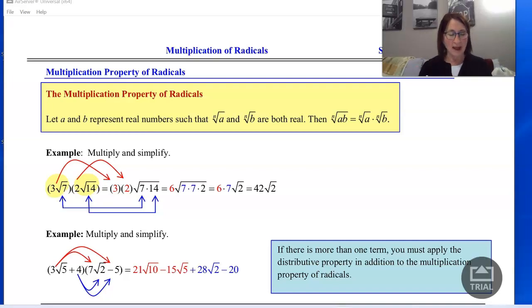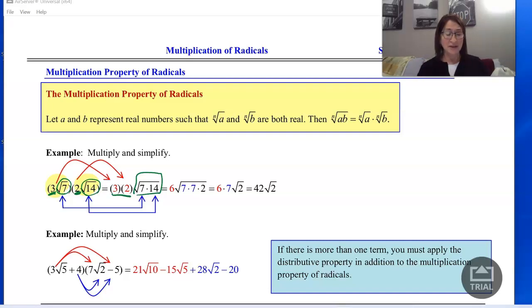So we're going to go ahead and multiply the coefficients, 3 times 2. And we're going to apply the multiplication property to the radicands, the numbers underneath that radical sign. And that's how we get 7 times 14 underneath that radical sign.